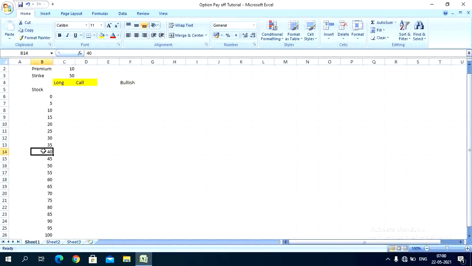See, the market price is 40 rupees and you have a contract of 50 with the option seller. Now if you purchase with the contract, you will get a loss of 10 rupees.